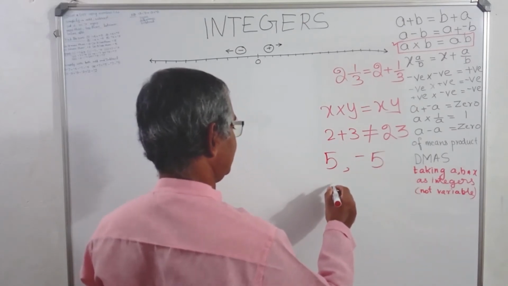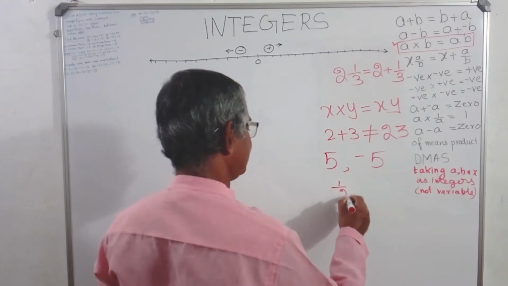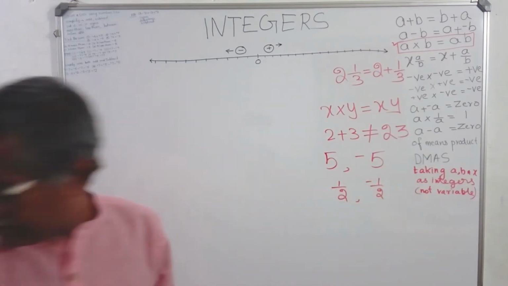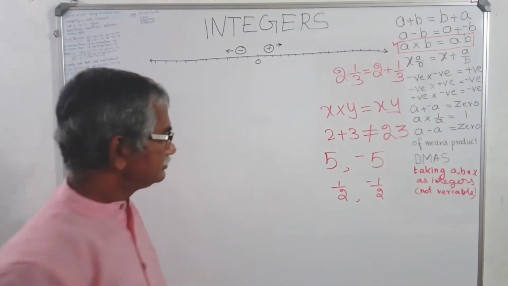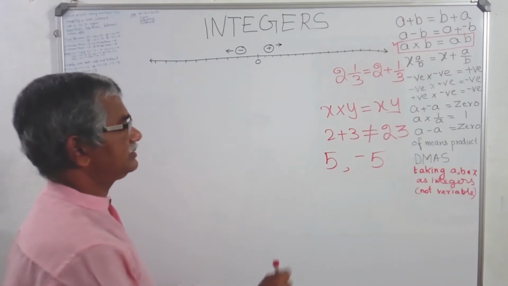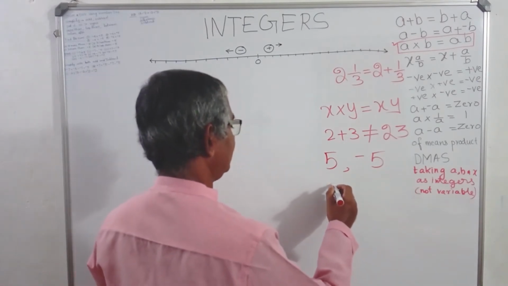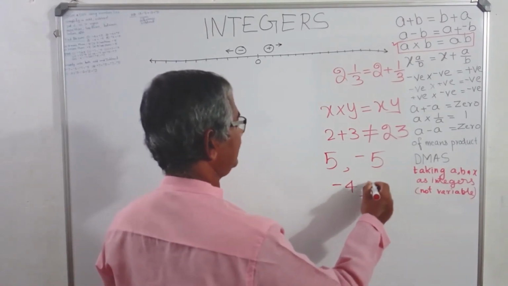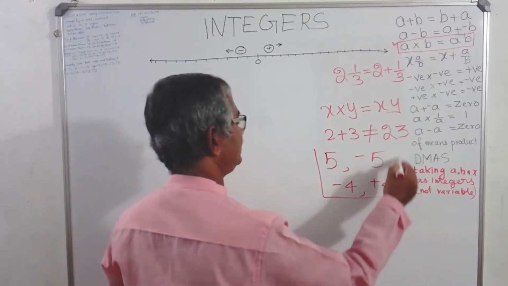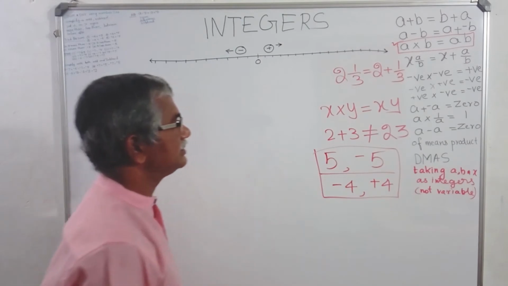Again, 1 by 2, its additive inverse is negative 1 by 2. But now we are thinking only of integers. The fraction numbers we can think of later. Negative 4, its additive inverse, positive 4. So a number and its additive inverse sum is always 0.